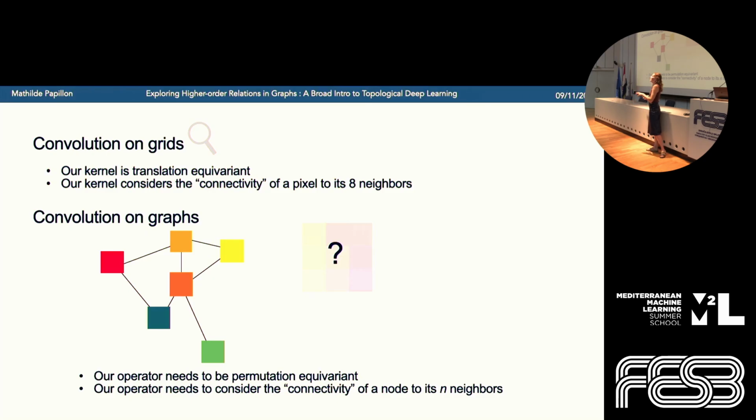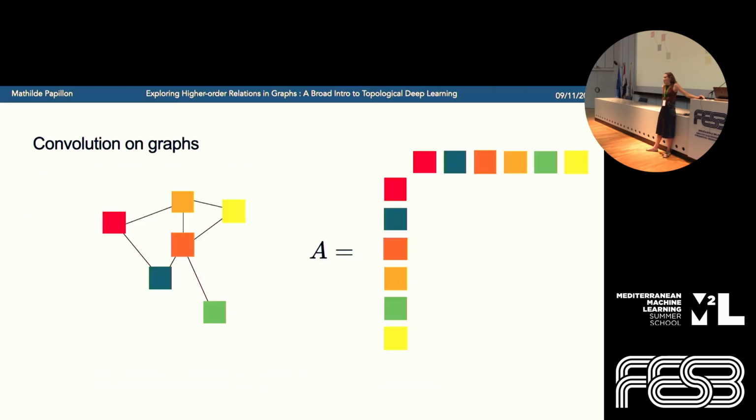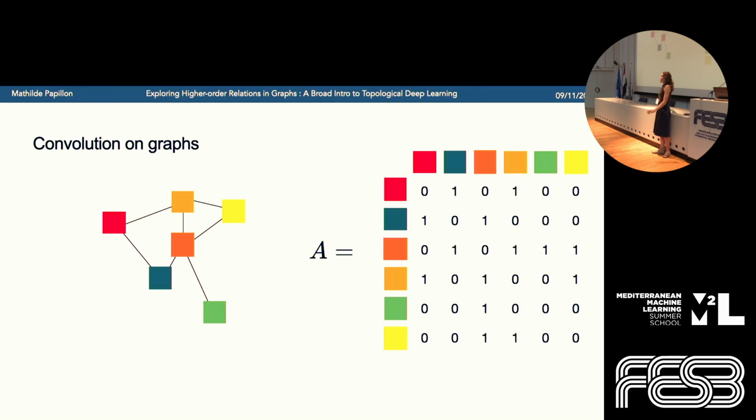We need a really important tool to define this operator called the adjacency matrix. Who here has heard of an adjacency matrix before? Okay, great. So the adjacency matrix is simply recording which nodes are connected to which nodes. There's a 1 if the nodes are connected in the graph. There's a 0 if they're not. Caveat here that this is what we call an unweighted and undirected adjacency matrix, meaning that all of our edges are equally weighted.